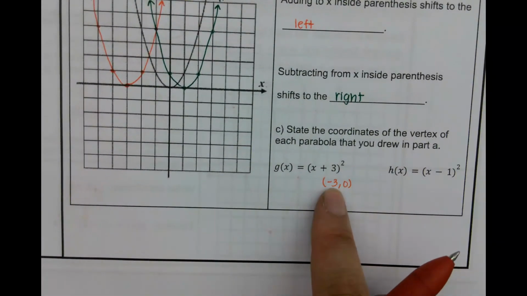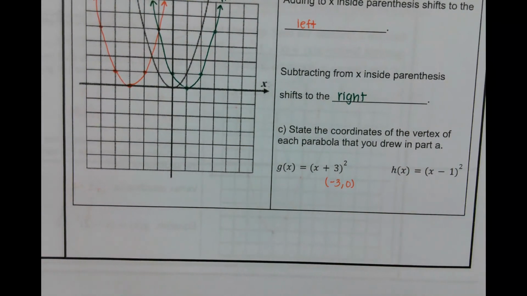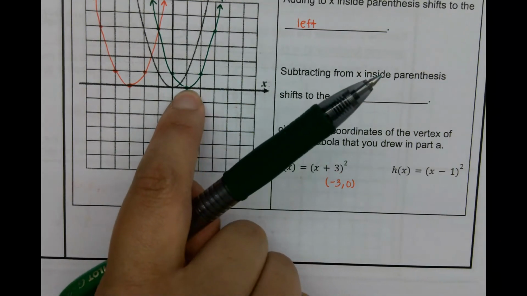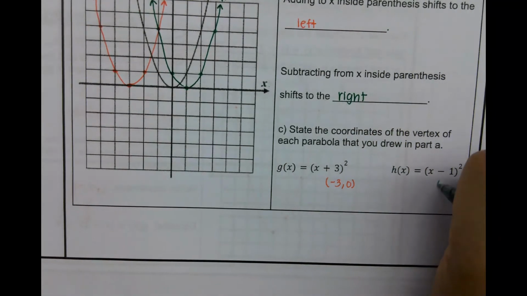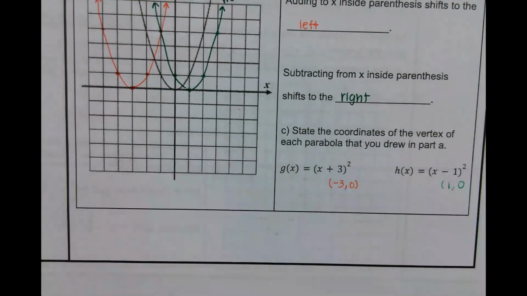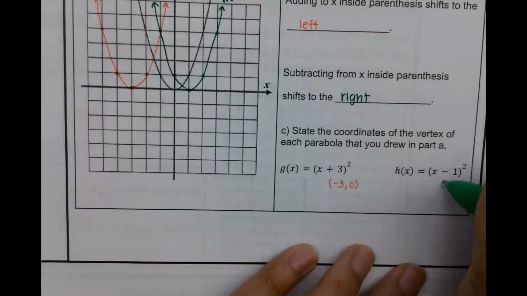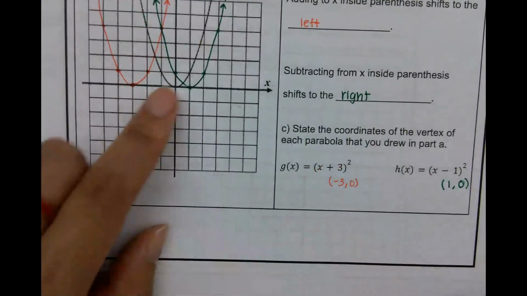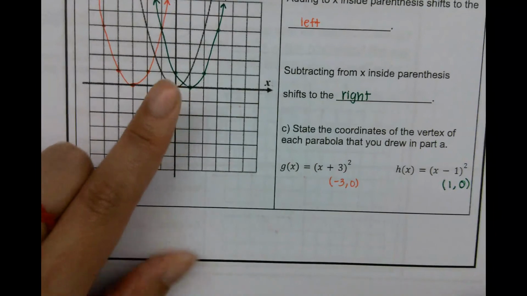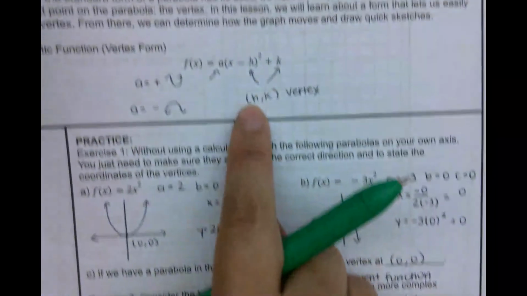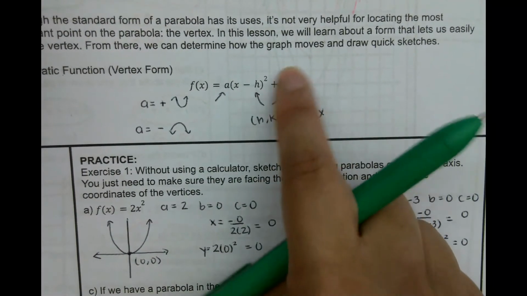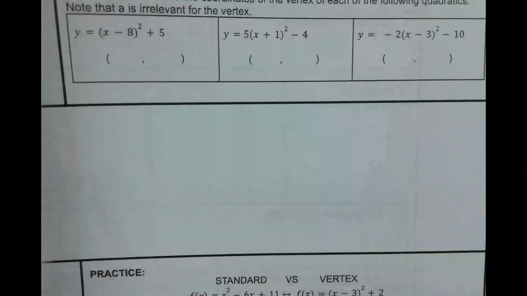For h of x, which is (x minus 1) squared, the vertex is 1, 0. Even though it says x minus 1, it's actually positive 1, 0 when we graph it. So for h we often think of the opposite sign of what we see, whereas the y value for the vertex is the same.